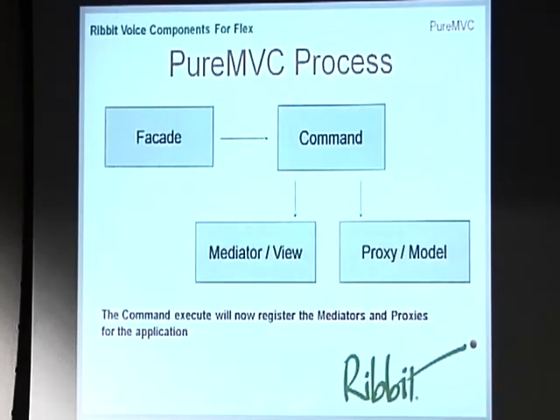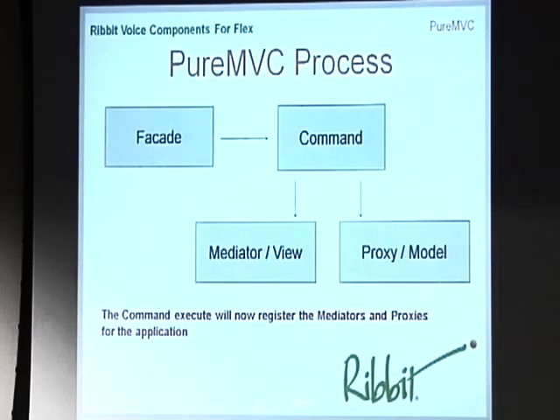Now, inside the command is where we actually register these mediators and register the proxies. So for the login example, which we'll go through here in a second, we have a login facade. Actually, the facade that we're going to have is a component facade. Most of the time when you import in PureMVC, you want to create an application facade.